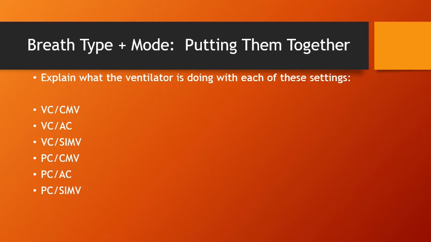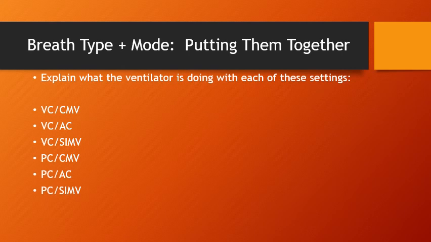So what I want you to do is pause the video here, and I'm not going to talk through each of these, but I want you to think about and explain to yourself what the ventilator is doing with each of these settings. So in VC-CMV, VC-AC, VC-SIMV, PC-CMV, PC-AC, and PC-SIMV.